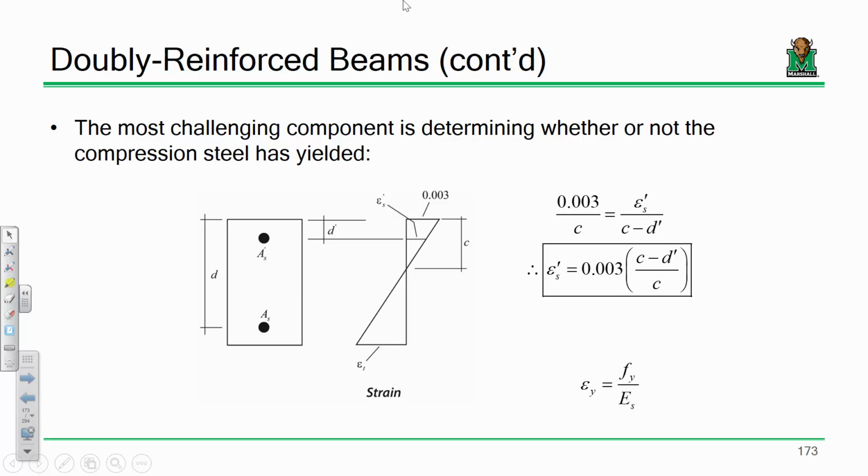So far, so good? So there are really two cases. If the compression steel yields, then the stress is just the yield stress, and the compressive force is As' fy. But what if it doesn't yield?